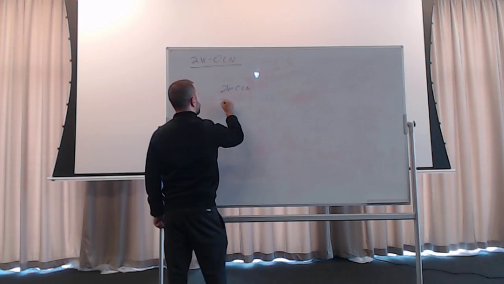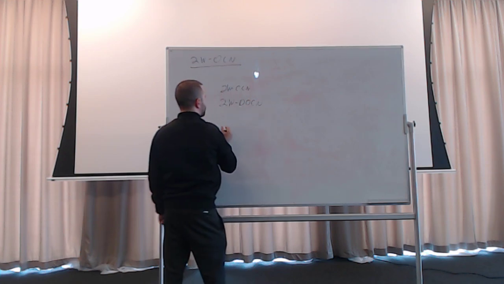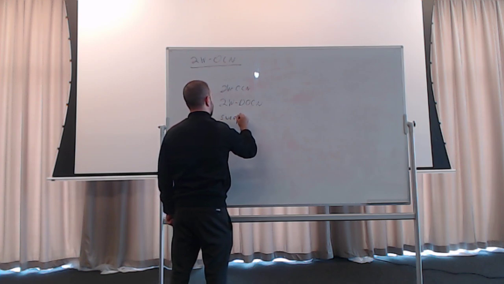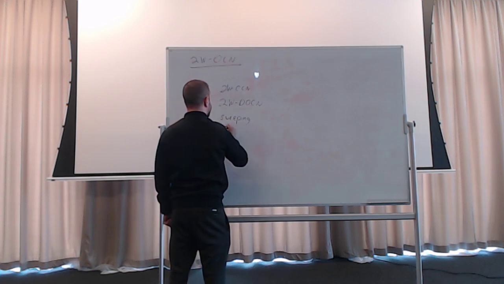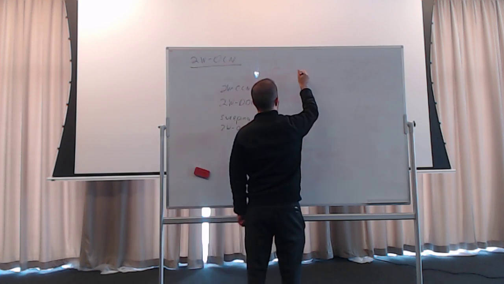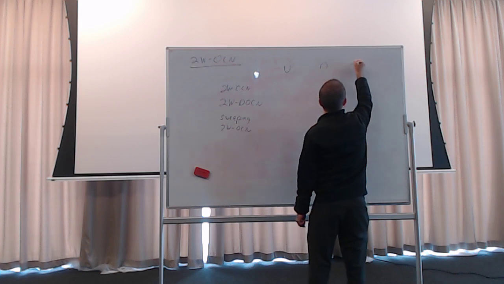There is the deterministic case, two-way DOCN. And there's the sweeping two-way OCN, what I just described. And we have union, we have intersection, and we have complementation.